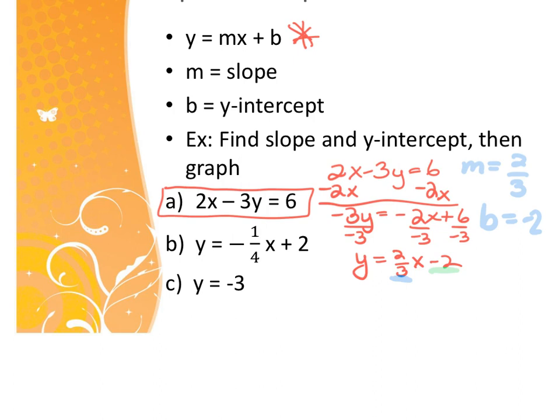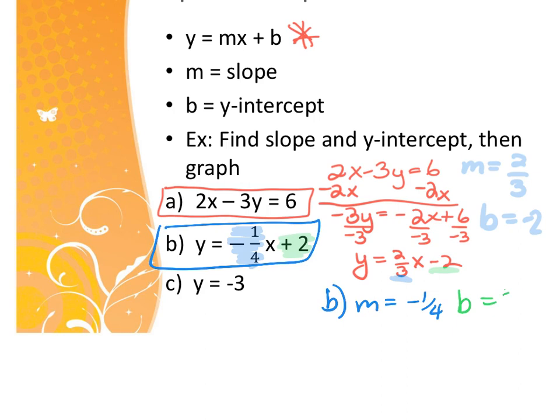So I can already see that my slope is the negative 1/4 and my y-intercept is the positive 2. So for B, and when I go to graph this, I'm going to do it in blue. So B, the slope is negative 1/4 and my y-intercept is going to be positive 2.